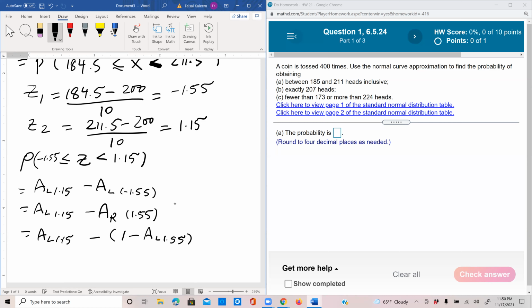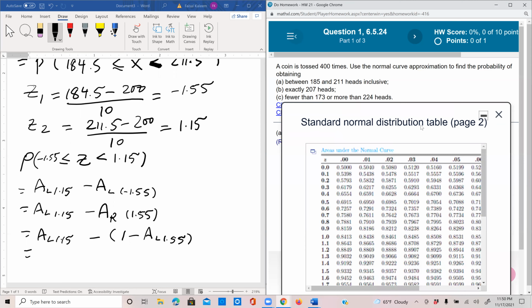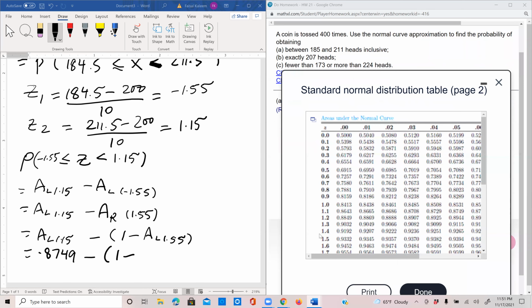So let's see. We're using the second page here. Left of 1.15: 1.15 is here, 0.8749, minus 1 minus the left of 1.55. 1.55 is here, 0.9394.